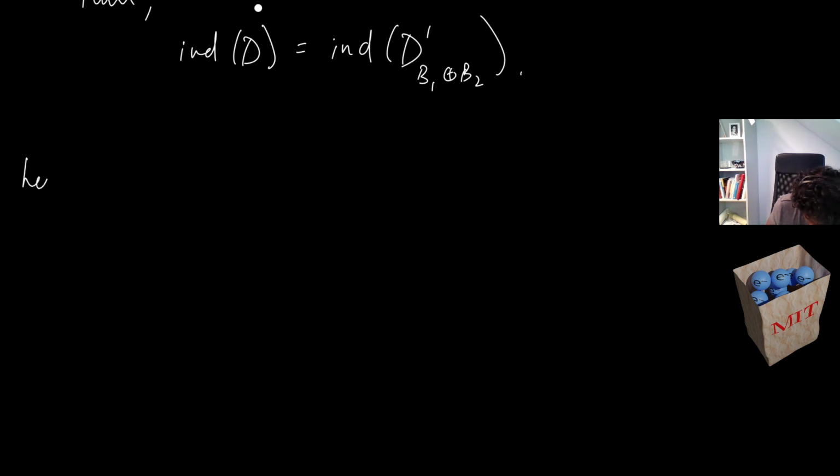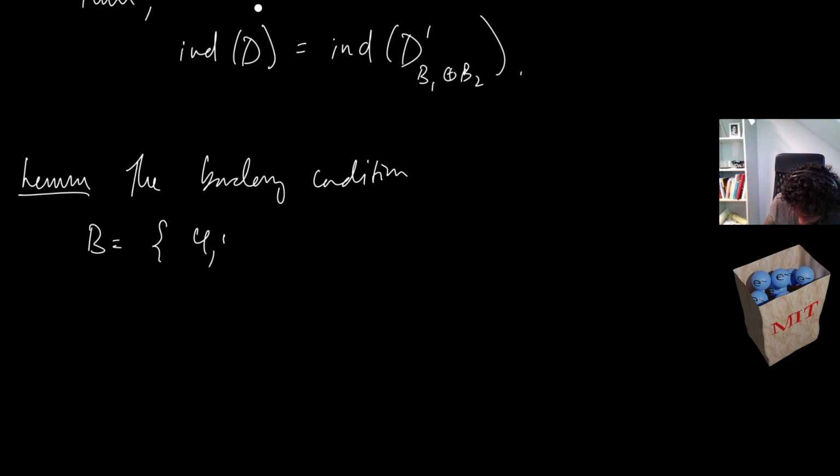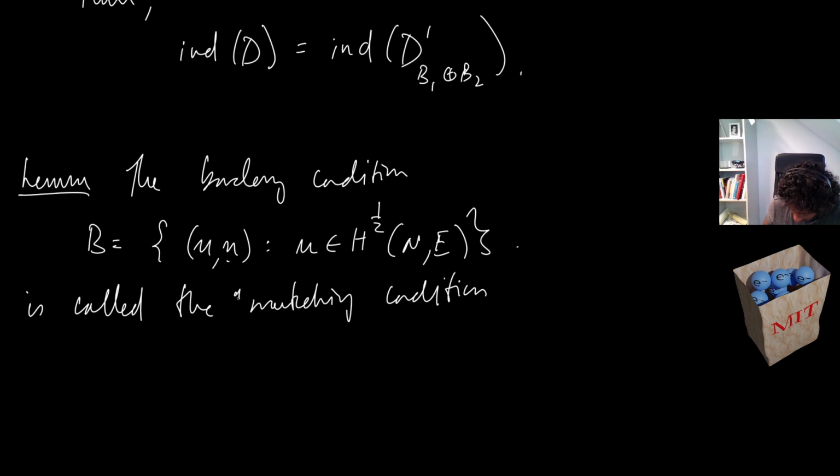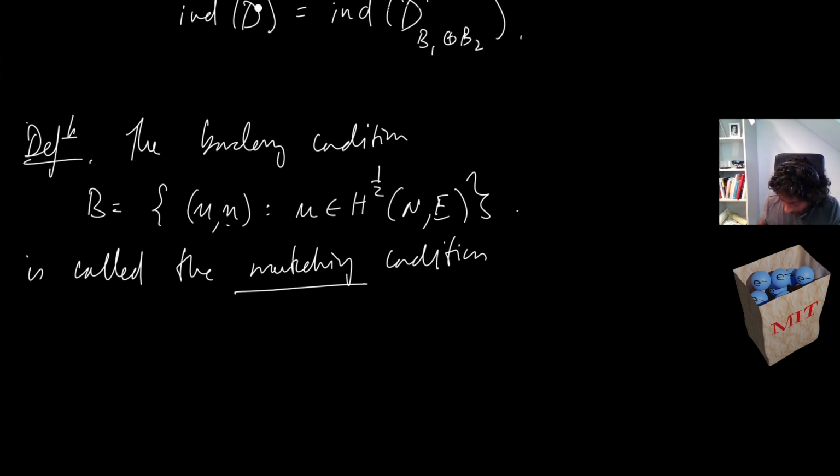So the boundary condition B equal to the set of U such that U in H half on N E is called the matching condition. Well, maybe that's a definition.